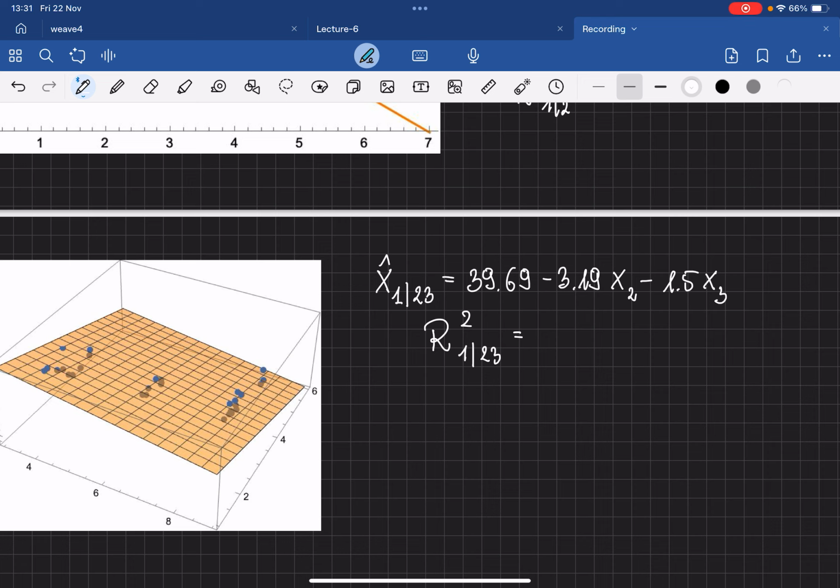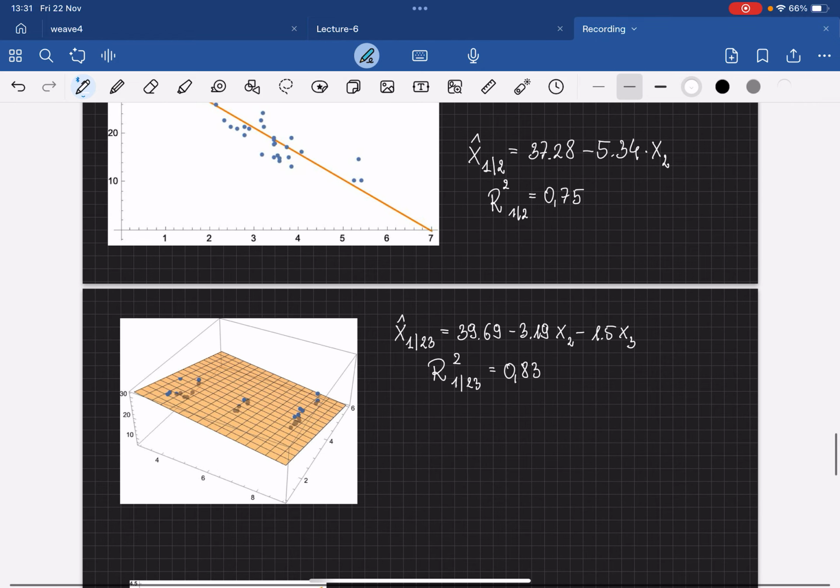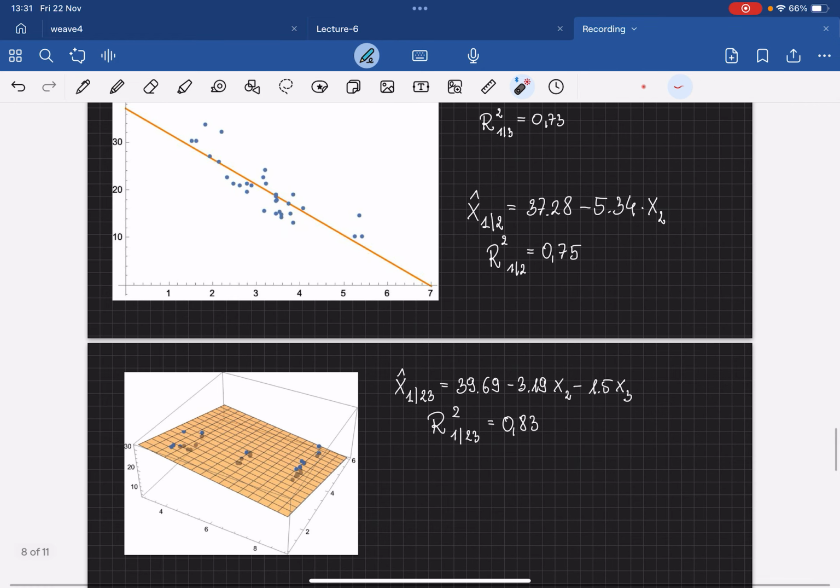This R squared reads 0.83. So it is better than the previous cases, 0.73, 0.75, but not radically.